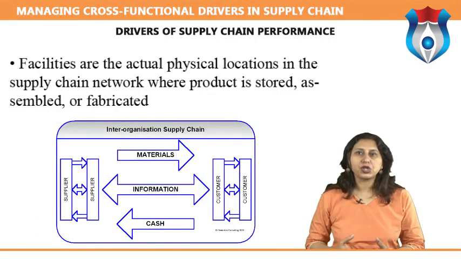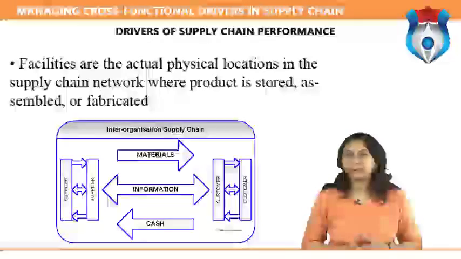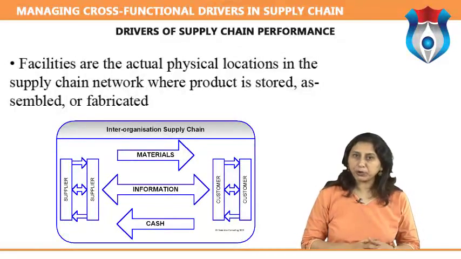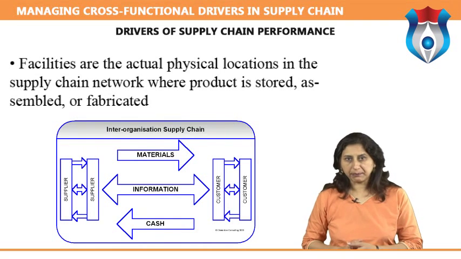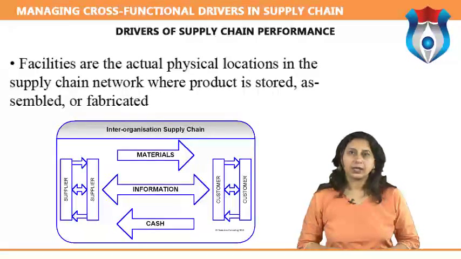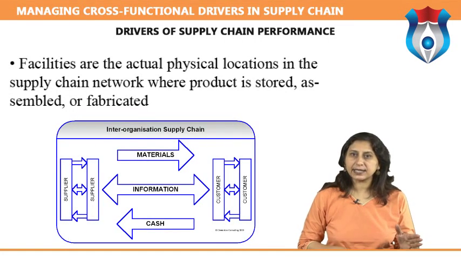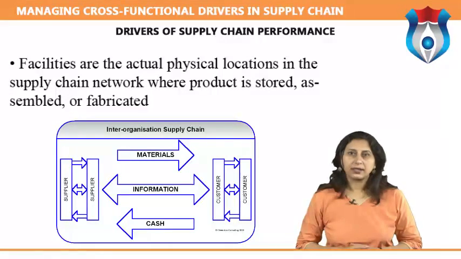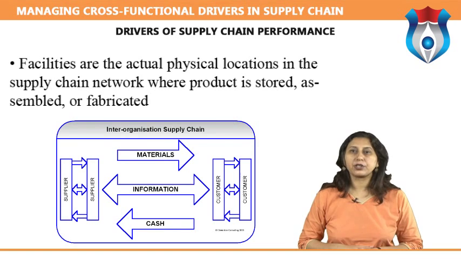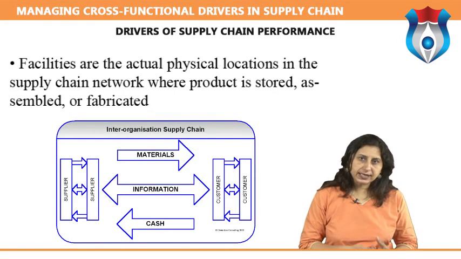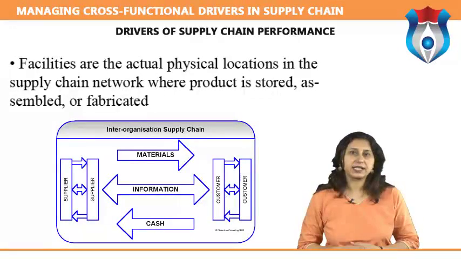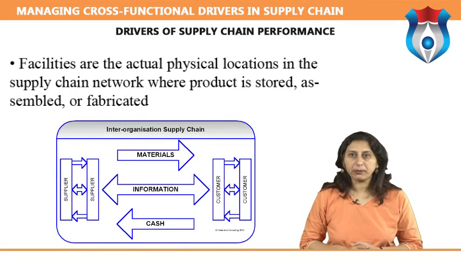Facilities are the actual physical locations in the supply chain network where product is stored, assembled, or fabricated. The two major types of facilities are production sites and storage sites. Decisions regarding the role, location, capacity, and flexibility of facilities have a significant impact on the supply chain's performance.